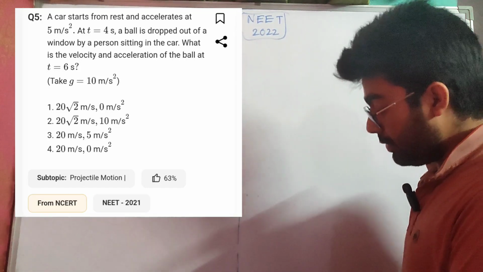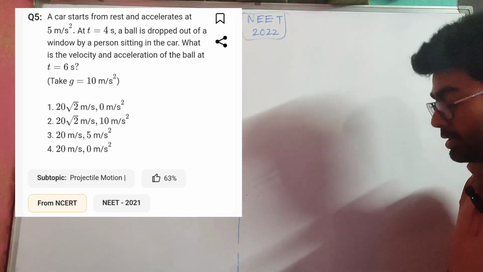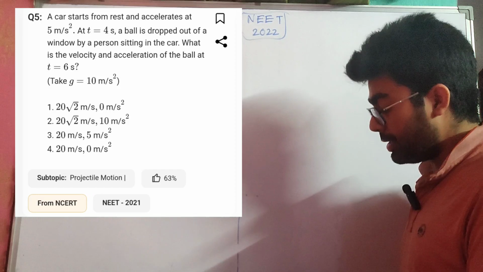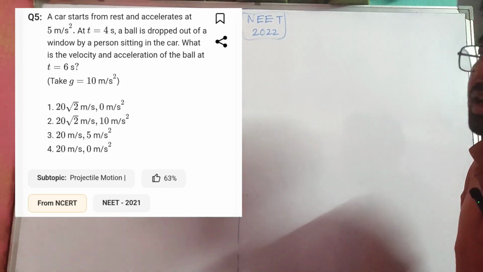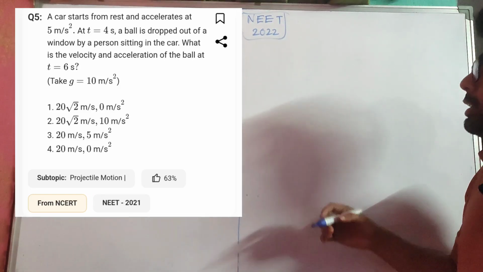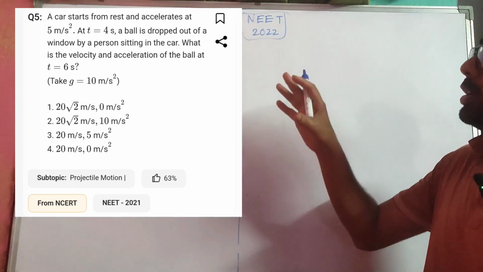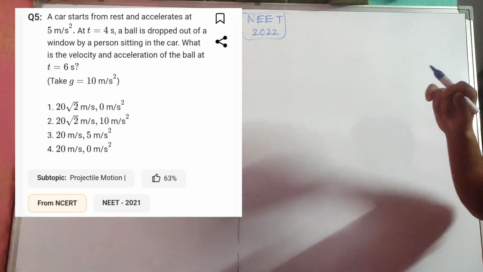What is the velocity and acceleration of the ball at t equal to 6 seconds? The given value of g is 10 meter per second square. Here a person is sitting in a car and a ball is thrown from a window.